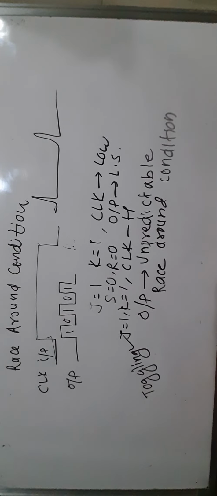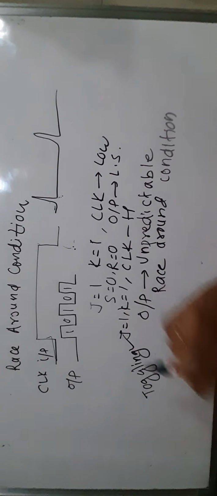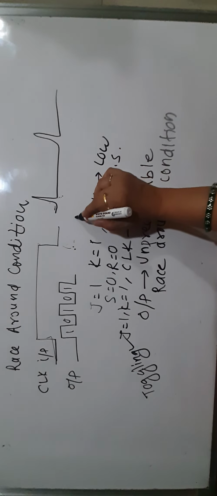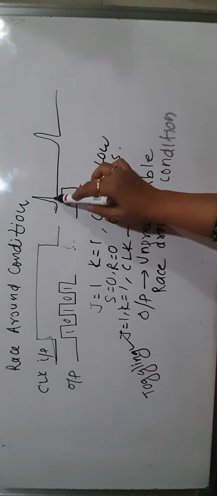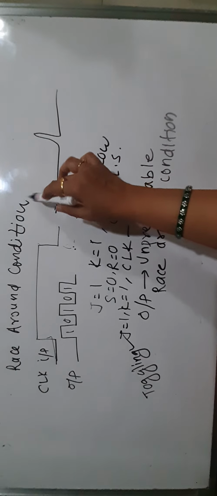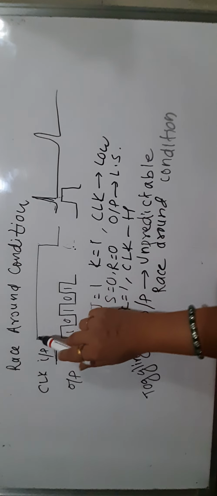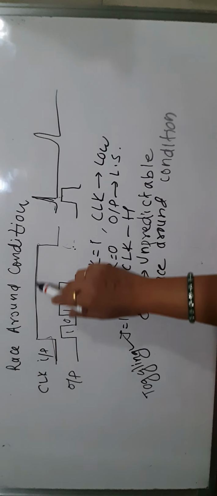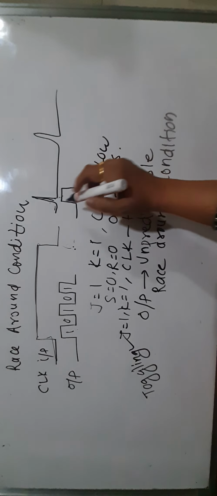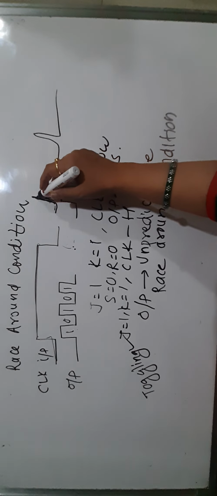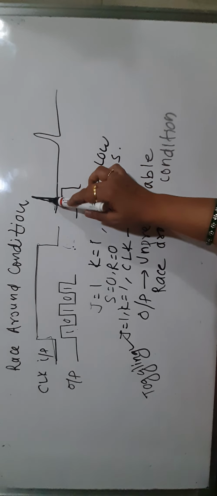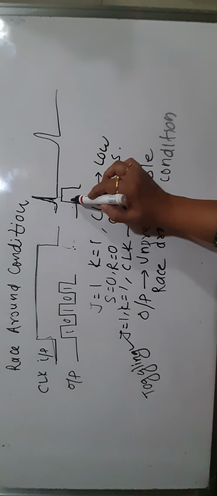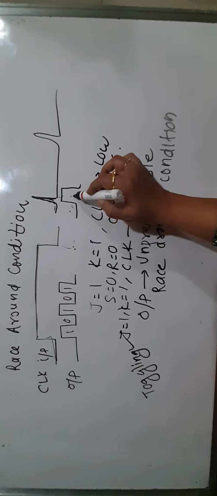See, if we use an edge triggered clock, then what will happen? The output will change just once. When only the edge is detected, otherwise the change occurs as long as the clock remains high. But if the clock is made high only for a few seconds, then immediately at that instant the output changes from low to high or high to low.